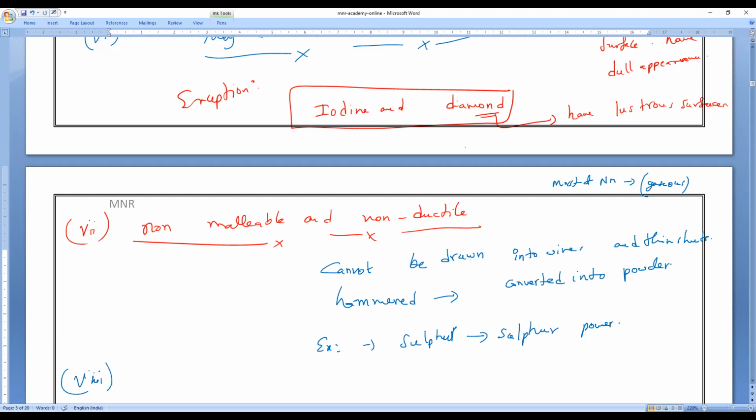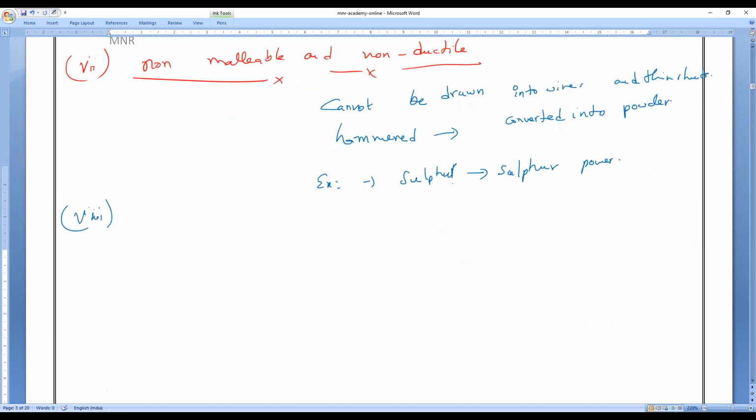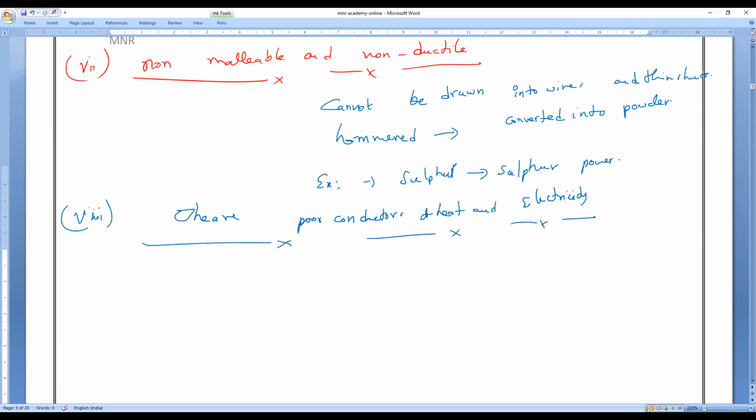Next one. They are poor conductors of heat and electricity, but there is an exception. They are poor conductors of heat as well as electricity.